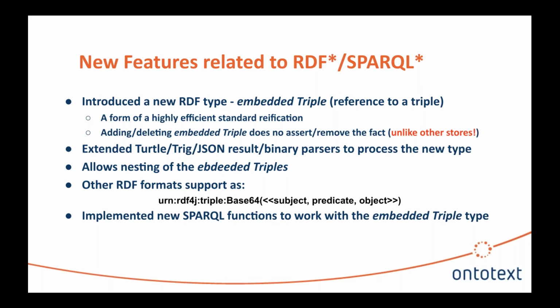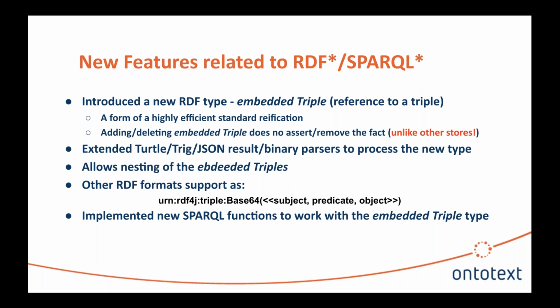Also, the other challenge is that in some of the implementations you see that this is a triple, and the question is that the underlying model is the context and named graphs. So you basically assert a statement, and if you delete the reference to the triple, you also need to retract the statement. This might not be very transparent, especially if you have context, and at some point you retract a reference to a statement, and since this is the last reference to this statement, you're going to retract the statement itself.